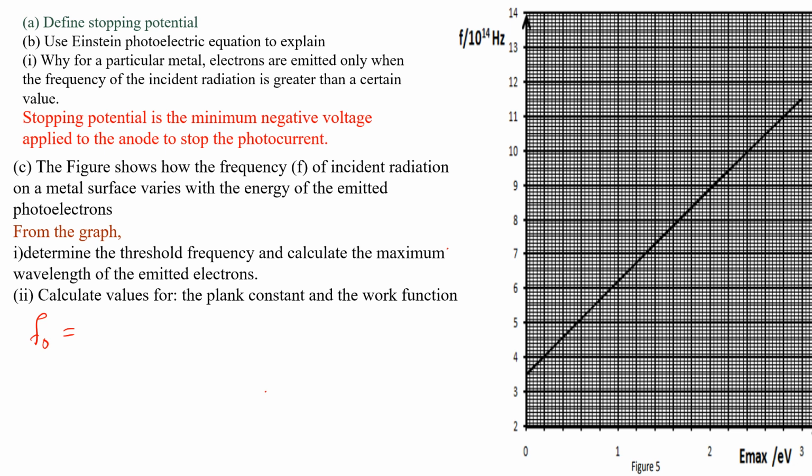So the graph meets the y-axis at a certain point, and that is the point where we are supposed to deduce the value of the threshold frequency. When we look at it keenly, the point is here where the graph cuts. So that is the smallest of the frequencies that can be observed on that graph.